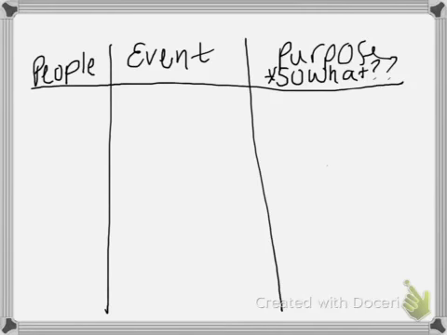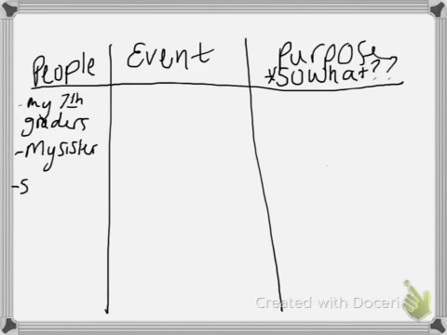So I'm going to show you an example from a narrative that I'm currently working on. And the people that are in this narrative are my 7th graders, my sister, and some friends.